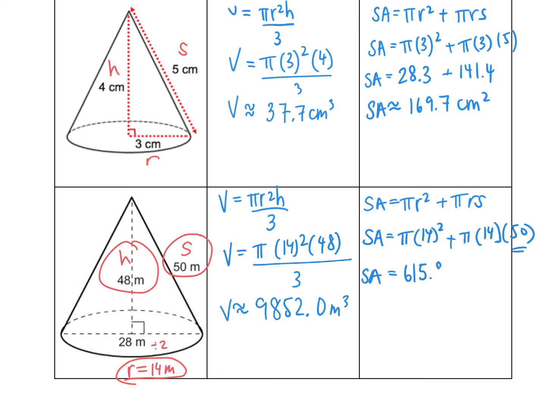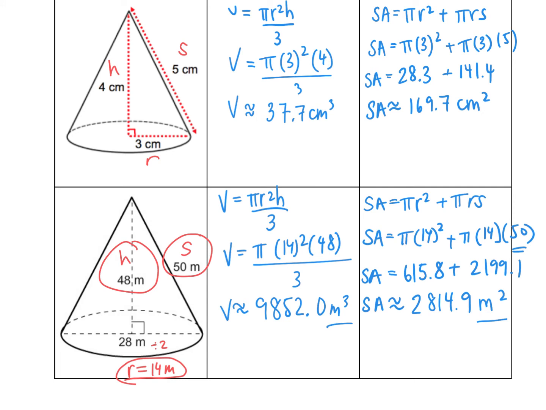So I will show the multiple steps, although if you did not, that would be fine, of course. And in each process I did round to 1 decimal. And when we add up our numbers, we get approximately 2,814.9 meters squared. And again, meters squared for surface area, meters cubed for volume. So that is the cone.